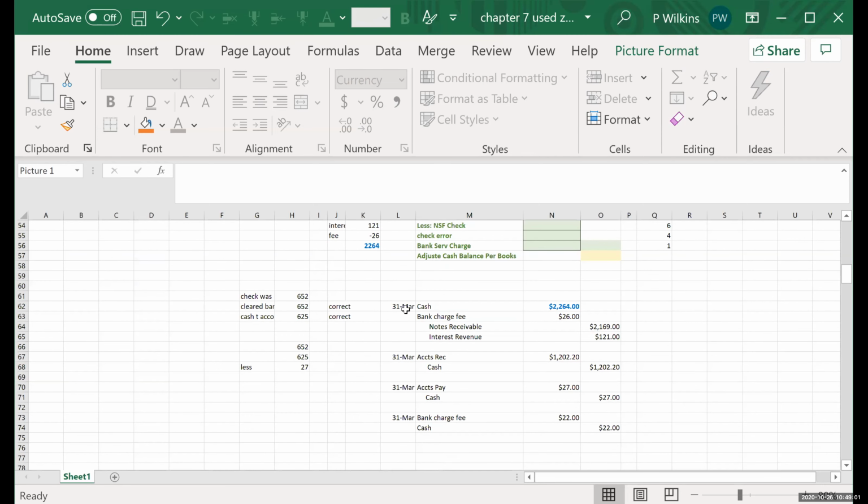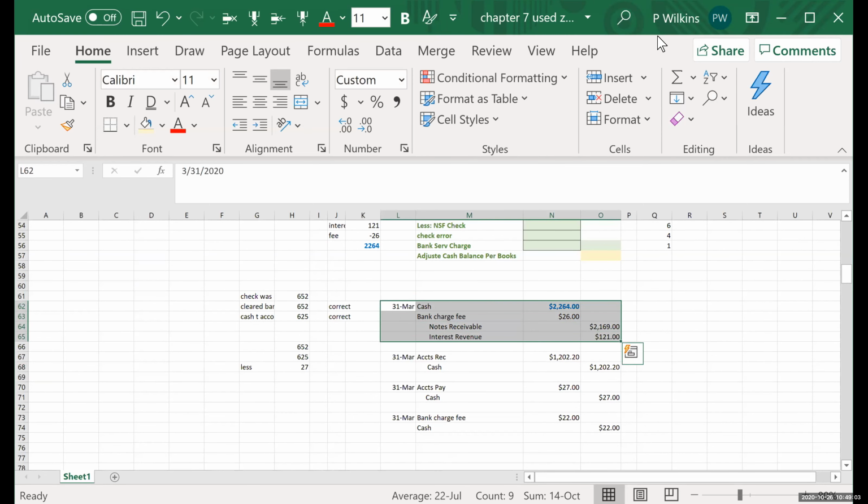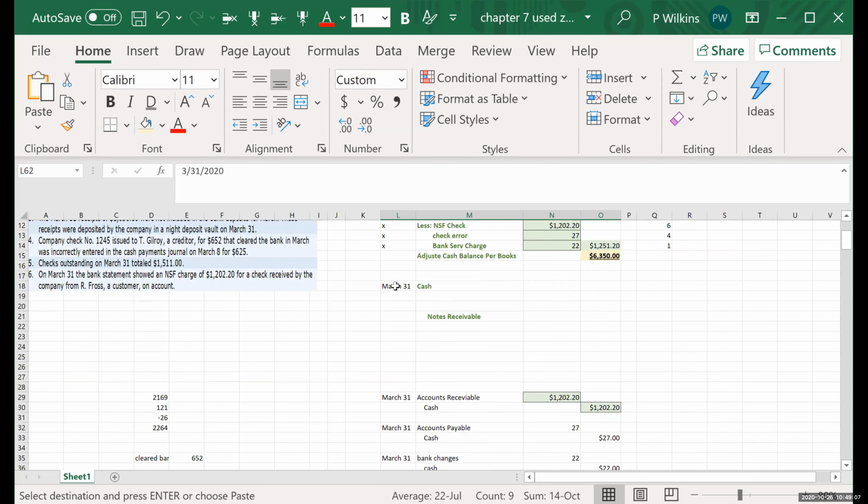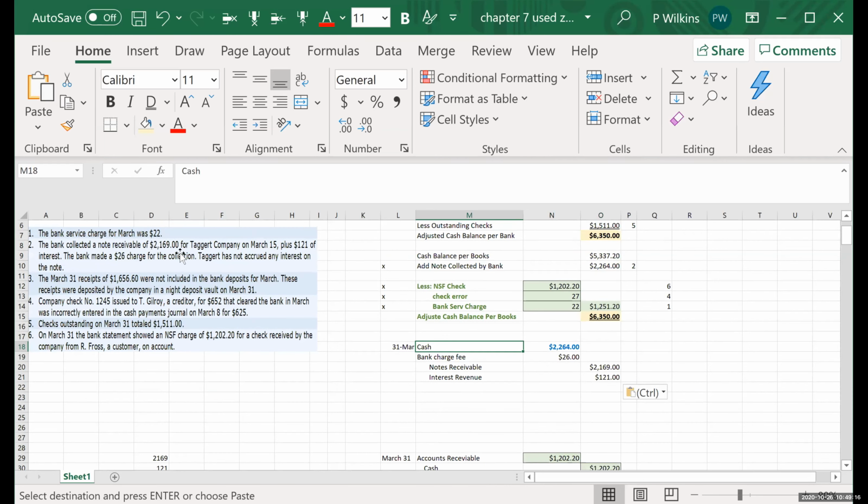So I'm going to show you what the entry looks like right here. I'm going to pull it up so we can go over it together. So we did get $22.64 in cash, right? It was the note plus the interest of $121 minus the fee. So that's how much cash we got. We then have to get that fee in there, the bank fee of $26.